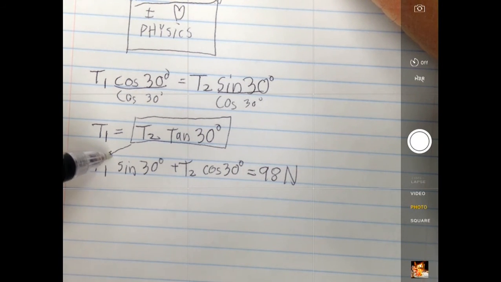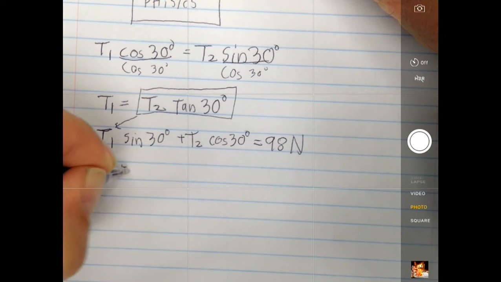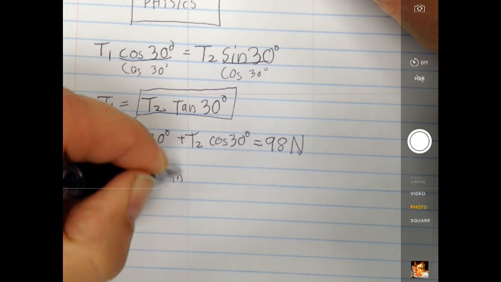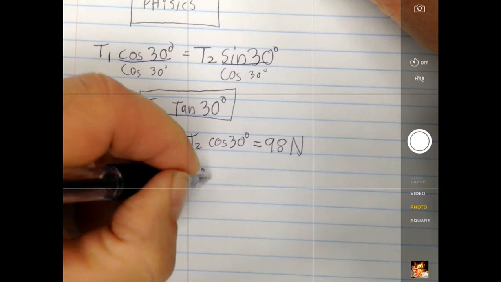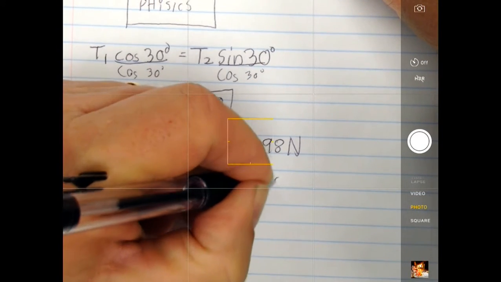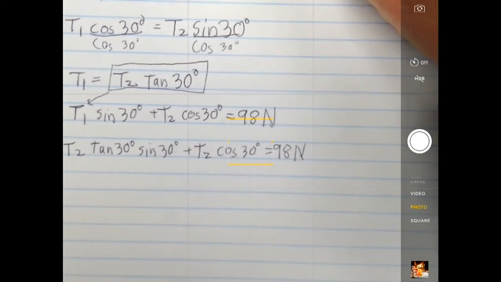So I'm going to write this as T2 tangent of 30 degrees times the sine of 30 degrees plus T2 times the cosine of 30 degrees adds up to 98 newtons.